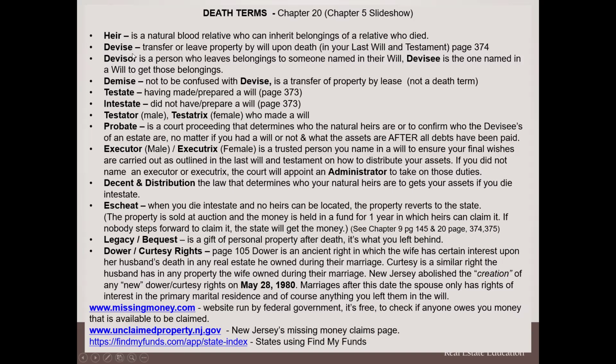So the root word is devise. That's their property that they're leaving by will. So the devisor is the one who's giving that property. They're the one who wrote the will. And if the word ends in EE, devisee, that's the person who's receiving whatever the root word is. And they're receiving that property that's left by will. Got it? Yes, thank you so much.